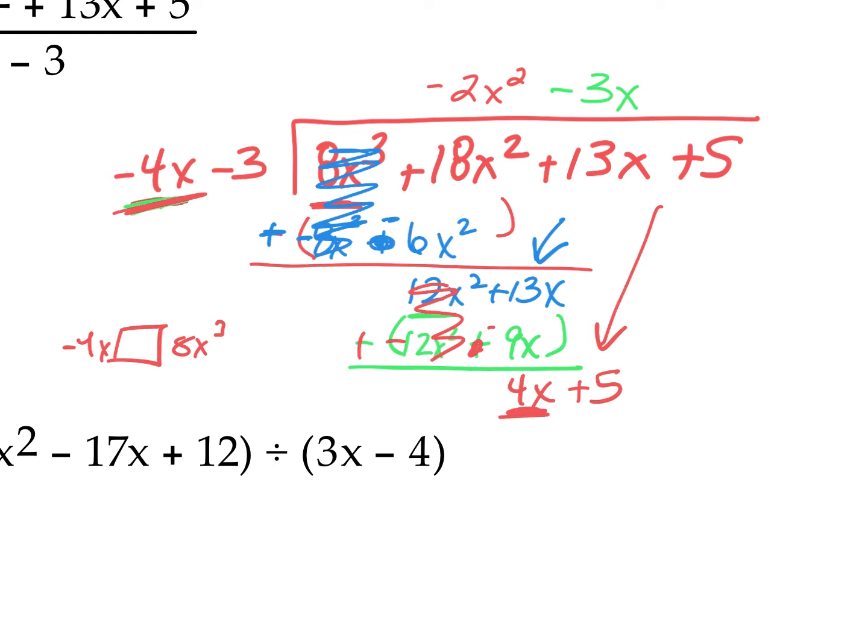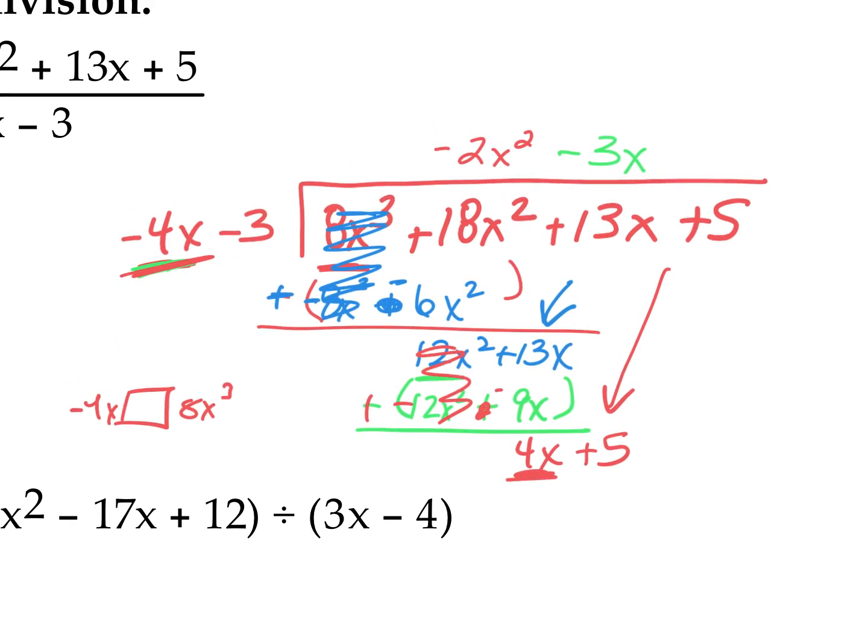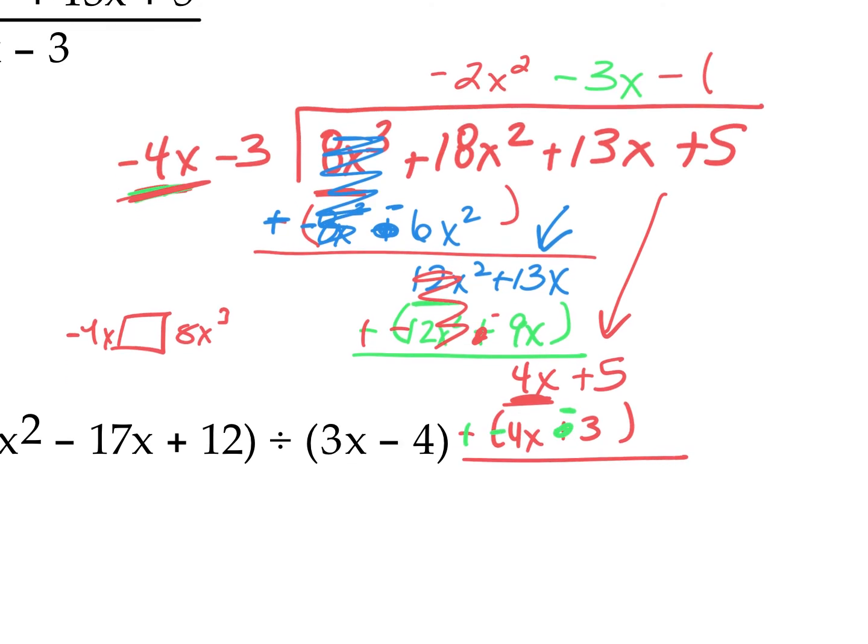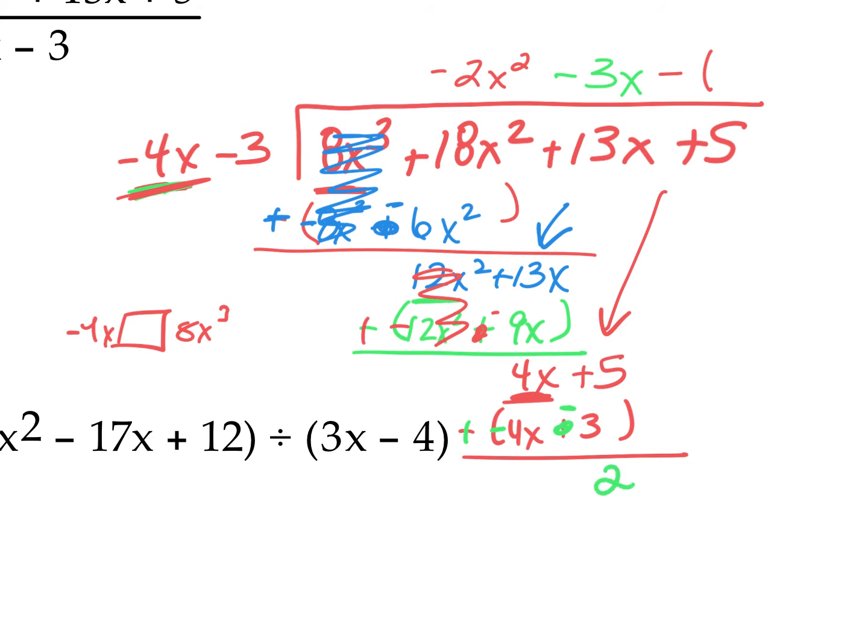Negative 4x times what gives me positive 4x? Negative 1. Get your subtraction ready. So negative 1 times negative 4 gives me positive 4x. Negative 1 times negative 3 gives me positive 3. And before I can subtract, what do I do? Distribute. So I'm left with the whole number 2.